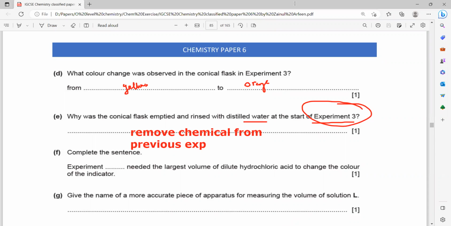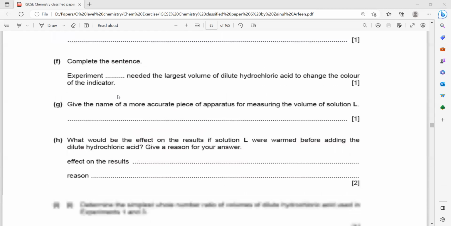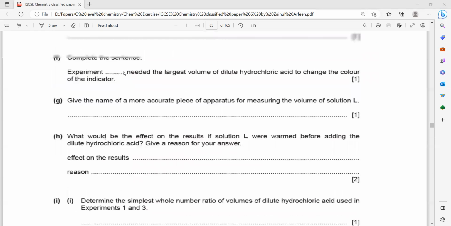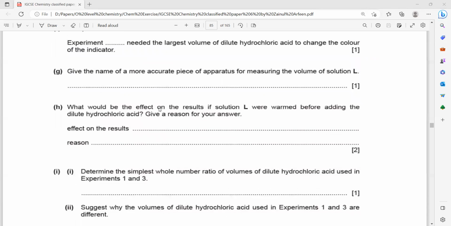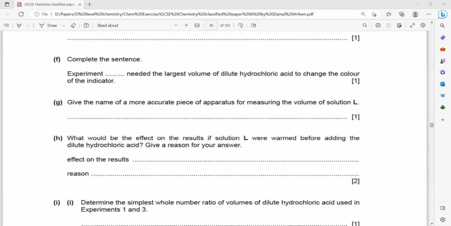Then complete the sentence. Experiment dash needed the largest volume of hydrochloric acid. Which experiment had a greater difference? We did three experiments. Yeah, that's right.